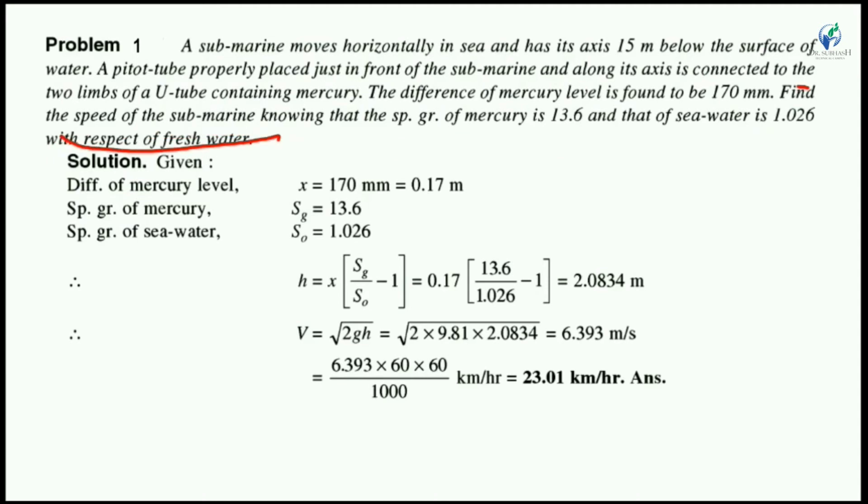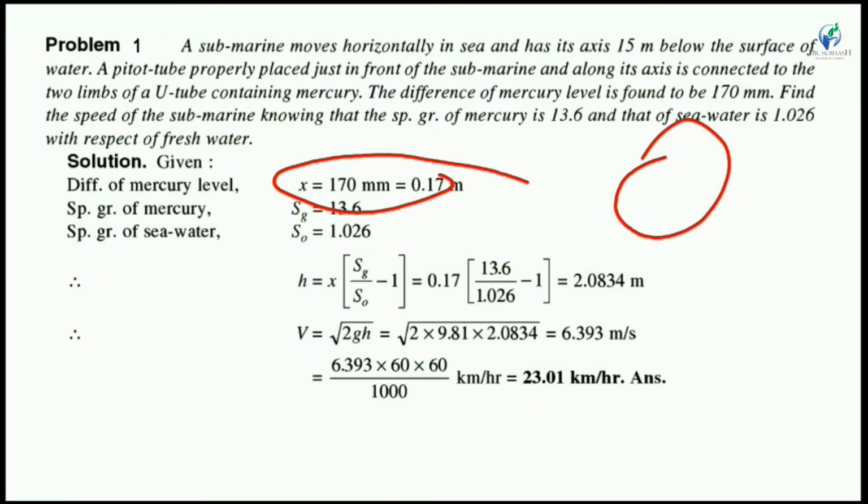So the specific gravity of seawater and the specific gravity of mercury are given. The value of x for the U-tube manometer, the heavy liquid difference, is 170 mm.